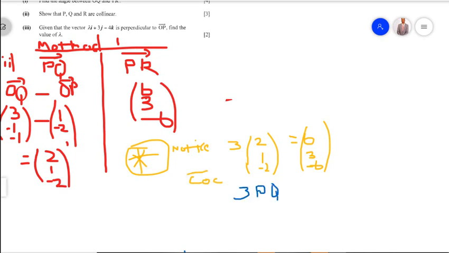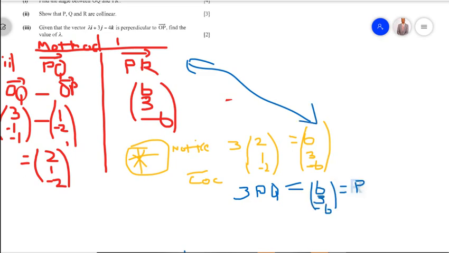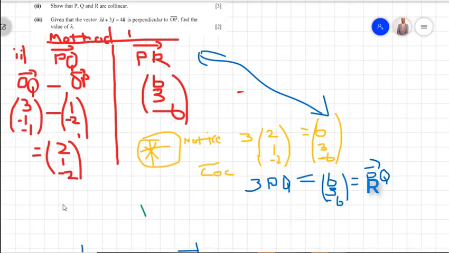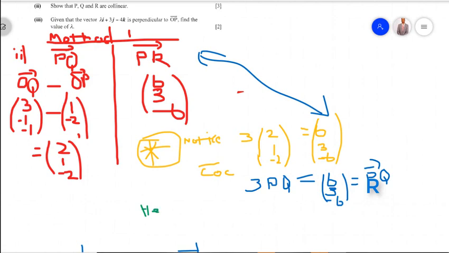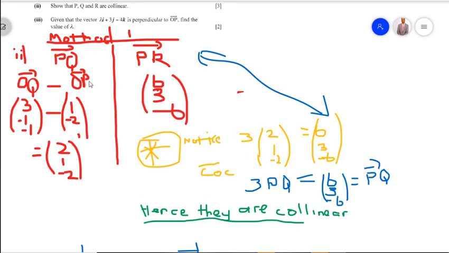Then the conclusion is 3 multiplied by the vector PQ is equal to 6, 3, negative 6, which is equal to PR. And hence, they are collinear.